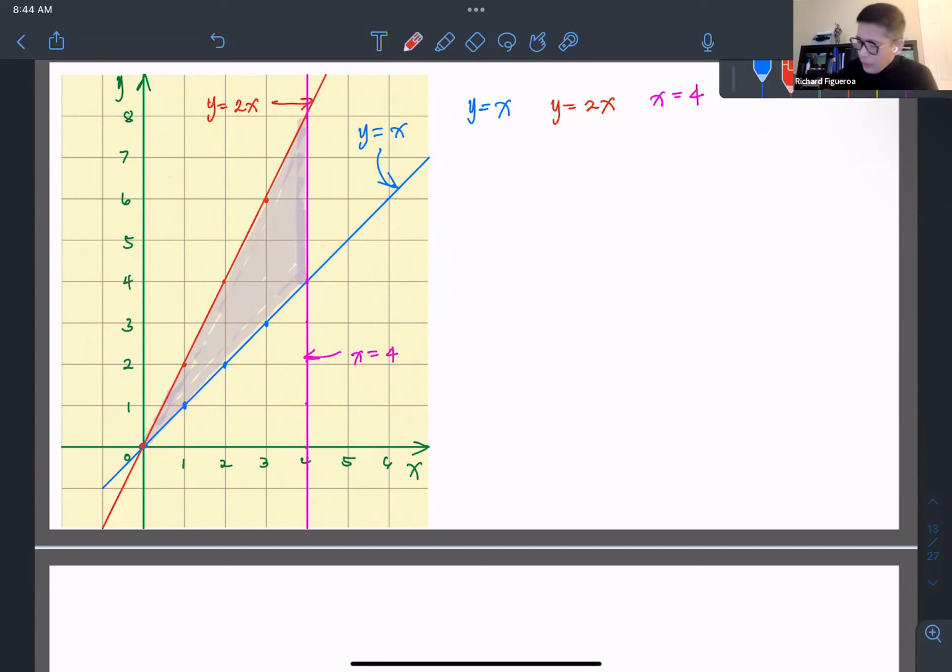We said the first one is that we're going to use the vertical strip.